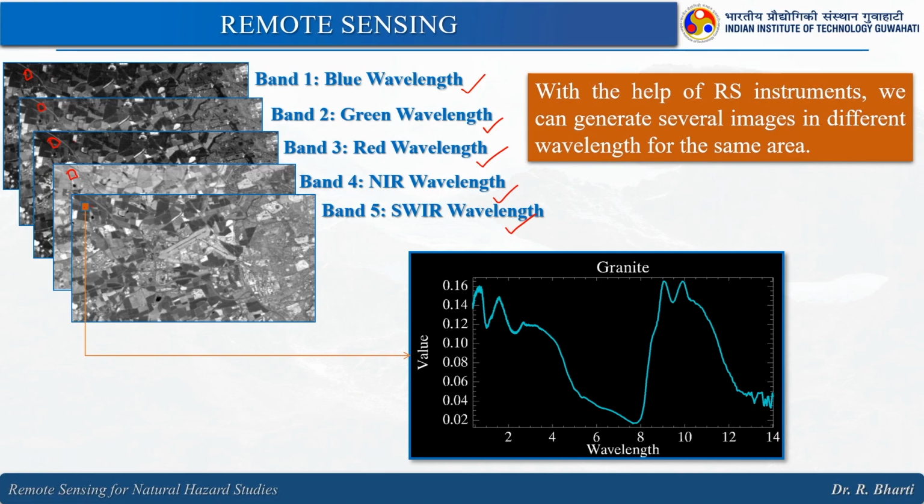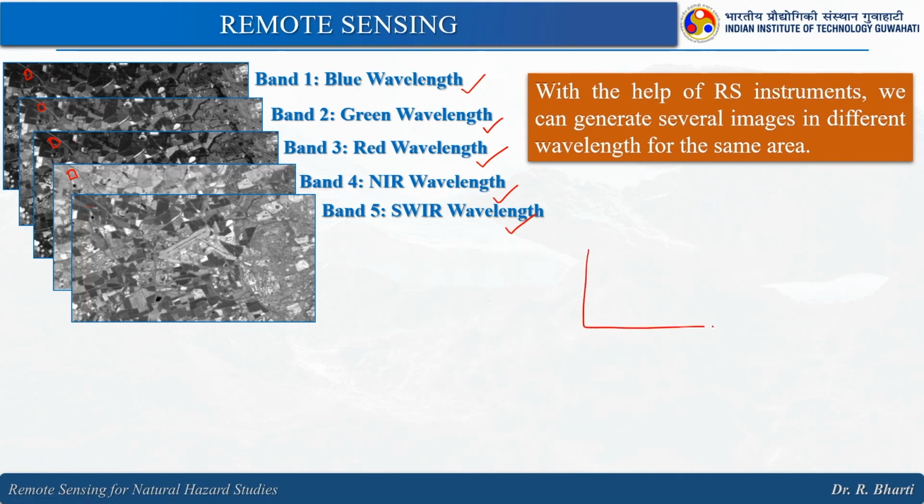pixel. That means the 5 bands mean the wavelengths we have are 400 to 500, then 600, then 700, then 800, 900, right. So, let us say the first image is giving you this particular point for that particular material, right.